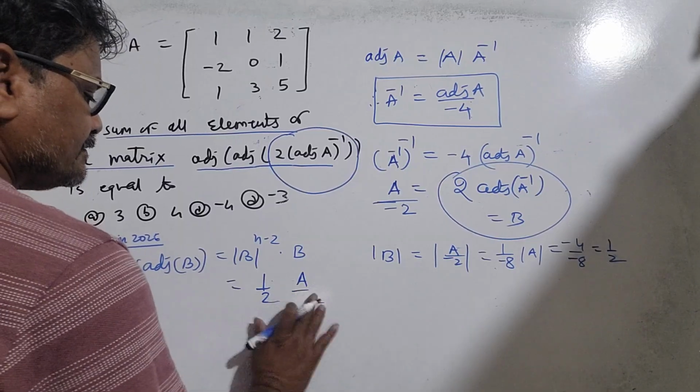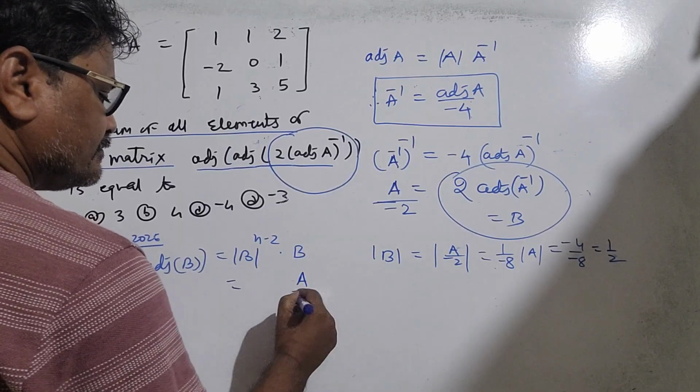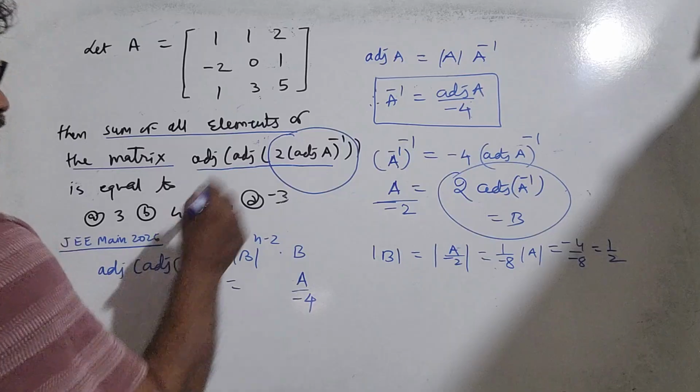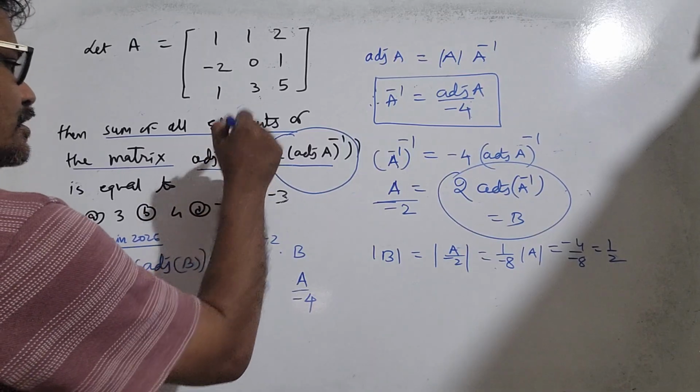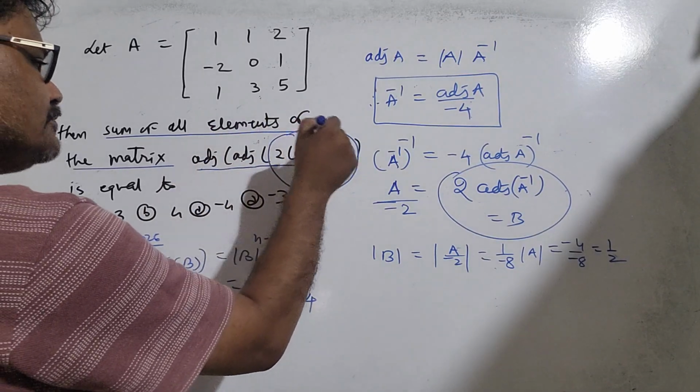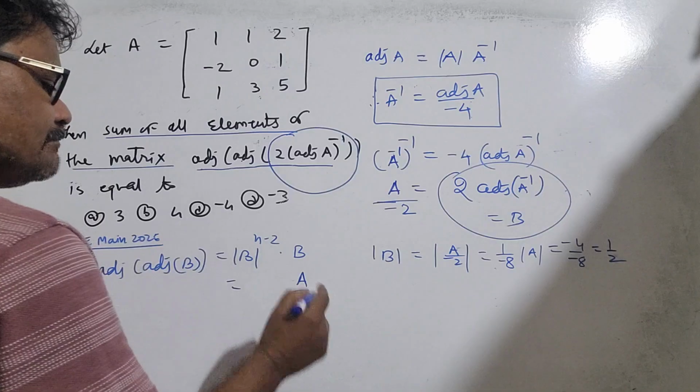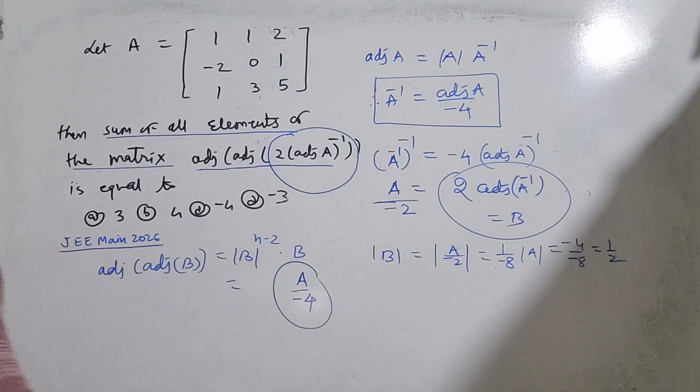So this is A by minus 4. So adjoint of 2 into adjoint of A inverse is nothing but A by minus 4.